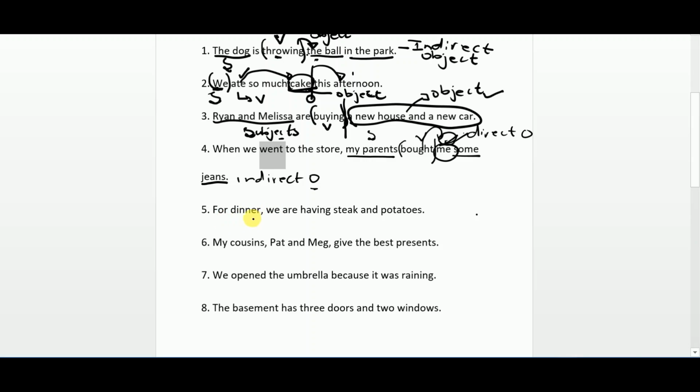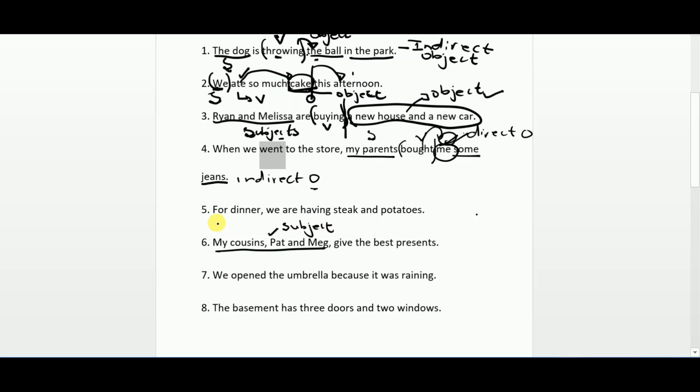So, for dinner, and these sentences are quite unique. If you can realize, some sentences do not necessarily start with a doer. They do not necessarily start with the action. For example, if you say my cousins, Pat and Meg, they are the ones who are going to perform the action. So automatically here they become what? The subject.